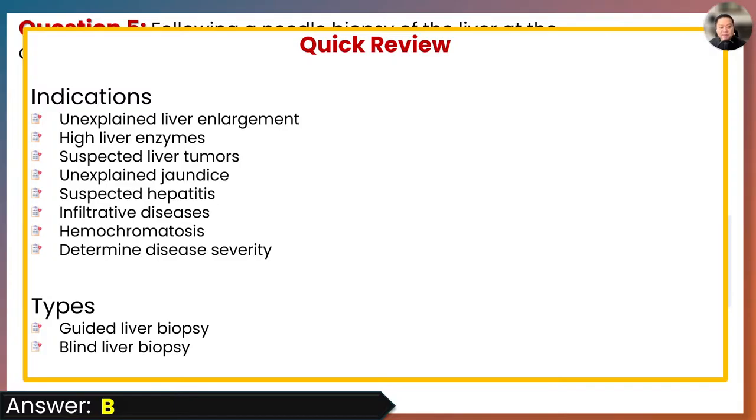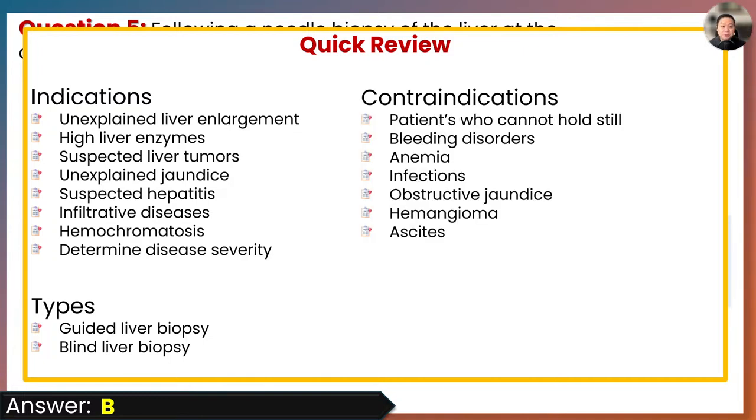Now, the liver biopsy itself has contraindications, and there are some cases wherein clients may not be suitable for a liver biopsy, maybe because they cannot stay still or hold their breath during the procedure, or maybe they have bleeding disorders, or they have anemia, and they could probably struggle with the blood loss, and maybe some infections near the biopsy site, maybe in the right pleural space or right upper quadrant.